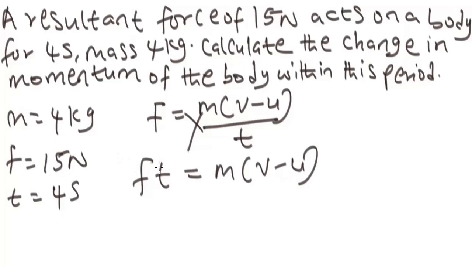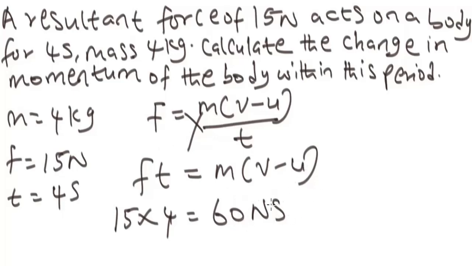So the change in momentum of this body within this time will be, since we have our force, 15 times our time, 4, which is 60 Newton seconds. So this will be the answer to this problem.